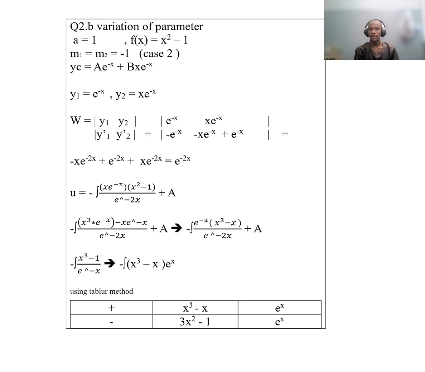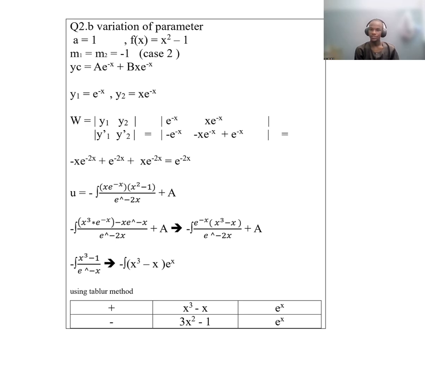For variation of parameters, I need to find u and v, where u equals negative integral of y2 times f(x) over w dx, and v equals integral of y1 times f(x) over w dx. Here f(x) equals x squared minus 1.